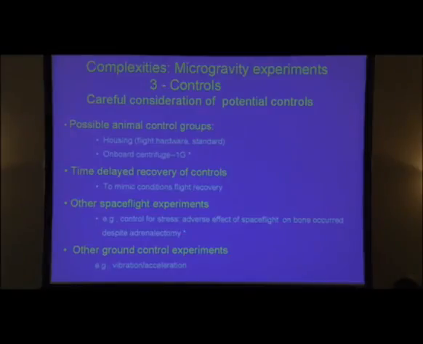Typically in flight experiments, and I'll talk mostly about rodents from now on, there are two kinds of cage controls: typical standard cages used in our ground-based studies, and the flight hardware cages, because animals, and in particular mice, are exquisitely sensitive to changes in things like position of food bars and wire versus flat cages. So it's important to have those appropriate controls in the course of the experiment.